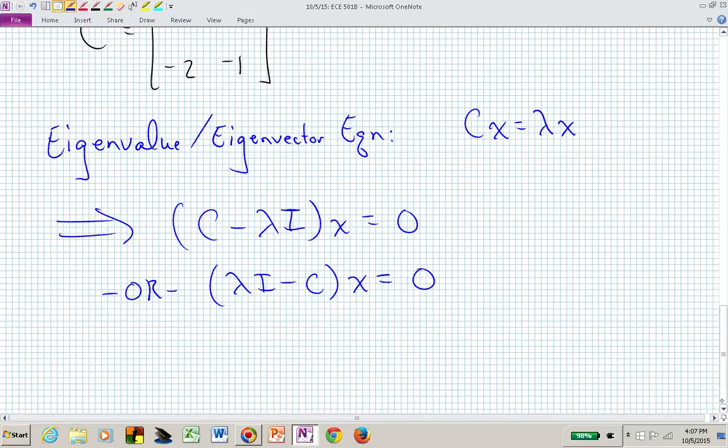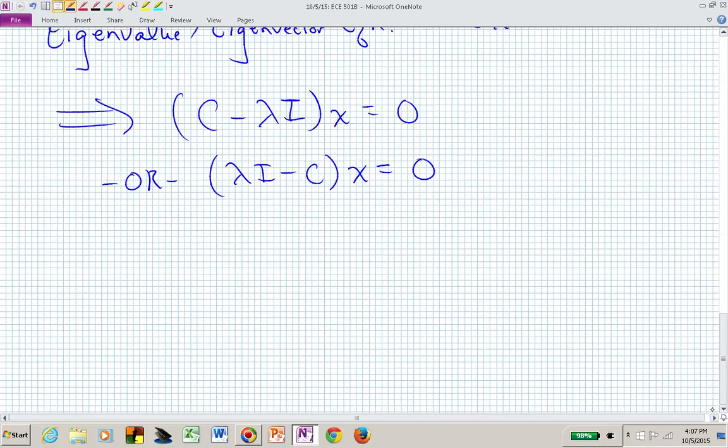And sometimes it's easier to keep lambda with a positive coefficient than subtracting this variable. Let's then start with this lambda I minus c. We have lambda on the diagonal, and then we simply subtract c from that.